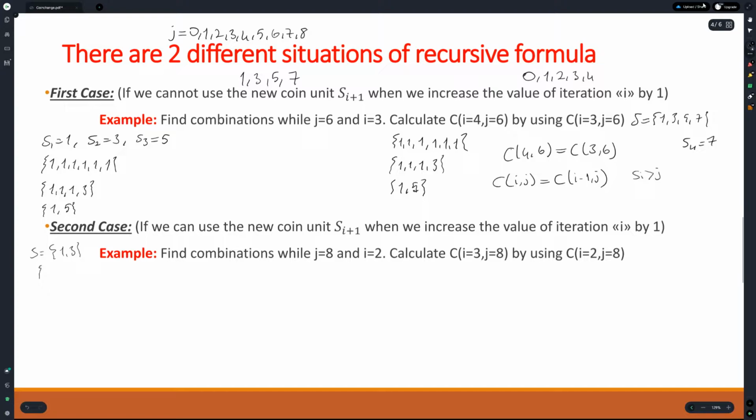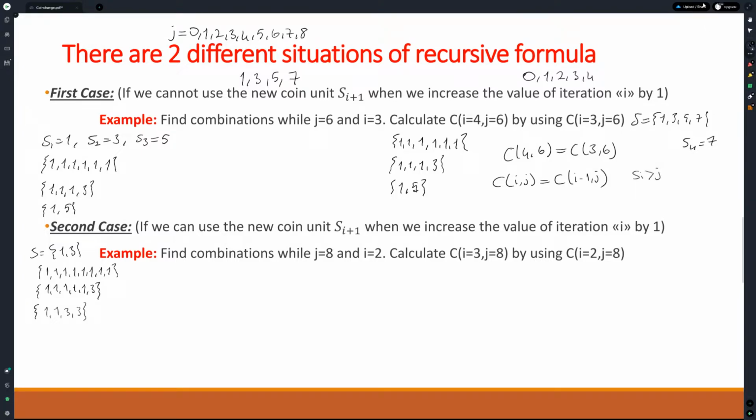One of the combinations is, of course, 8 pieces of 1. Another is 5 pieces of 1 and 3. And 1, 1, 3, 3.